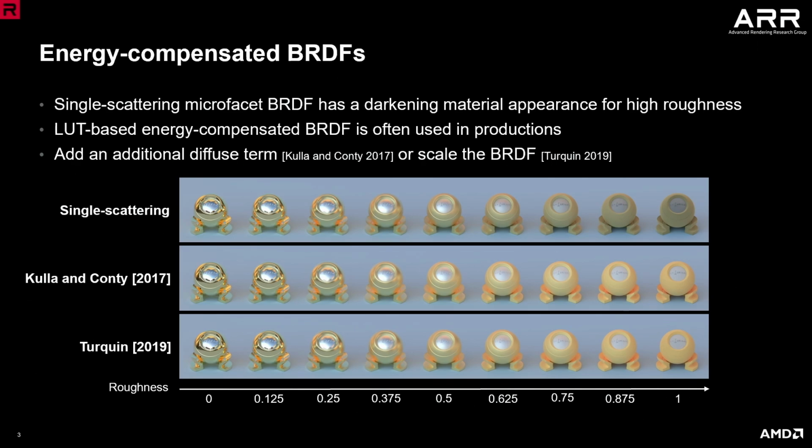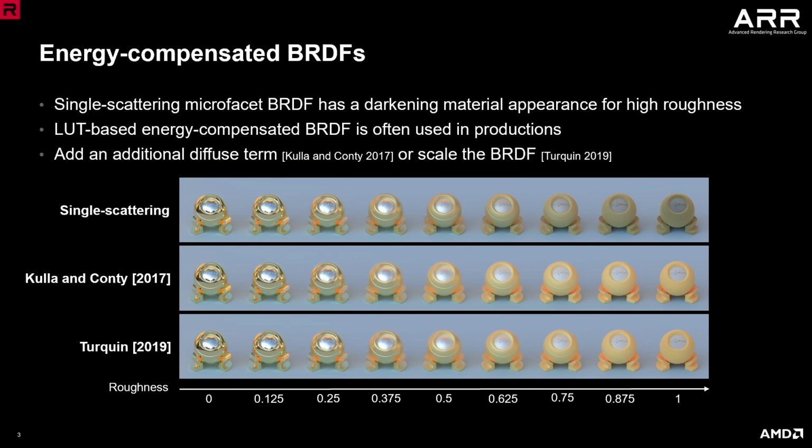In the usual single scattering microfacet BRDF, it is known that it has a darkening material appearance for high roughness due to the lack of a multiple scattering term. The following image shows the rendering result of the single scattering Smith GGX BRDF. In high roughness settings, you can see some darkening of the rendering result. To solve this problem, lookup table-based energy compensated BRDF is often used in productions.